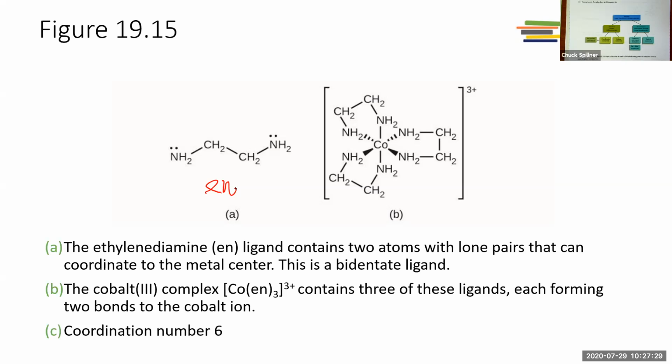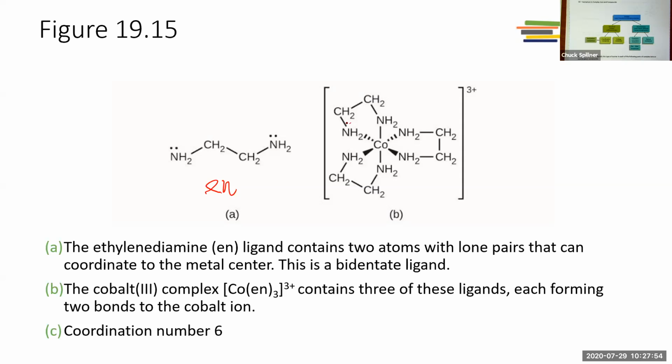And anyway, we said to be a ligand, you have to have a lone pair. So in this ethylene diamine, the nitrogens on each end of this molecule have a lone pair, which are shown. That's the pair of electrons that forms the coordinate covalent bond with the central metal atom. Well, if you have three of these, you can form an octahedral complex with a coordination number of 6.